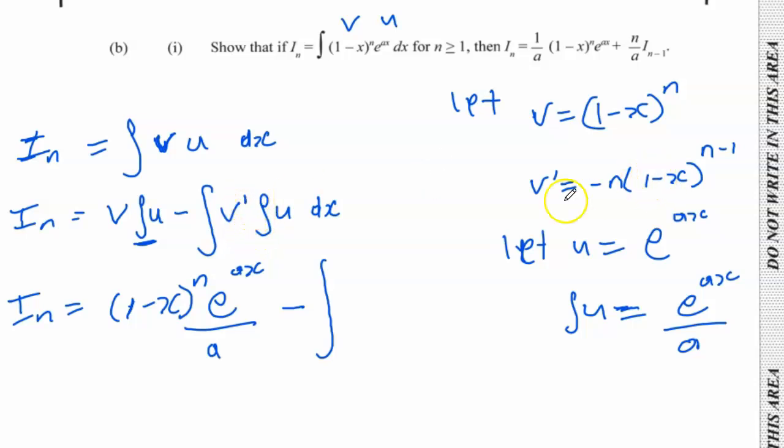Now v prime is minus n, and the double negative, so it will be plus n, and n is a constant. Let me put the n outside here, so plus n outside, and inside we have 1 minus x to the power of n minus 1, that's v prime, times the integral of u, which is e to the ax over a, dx. Let me just remove all of this now, to avoid confusion.